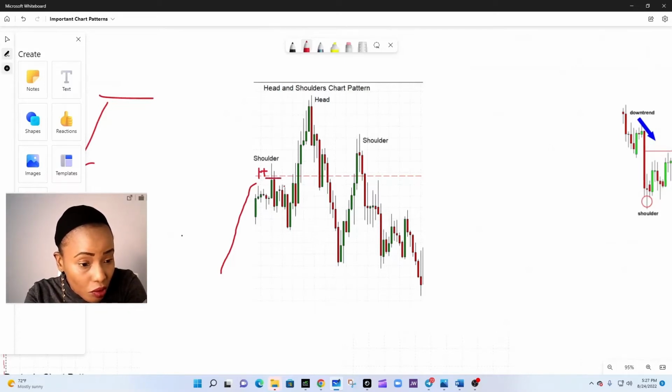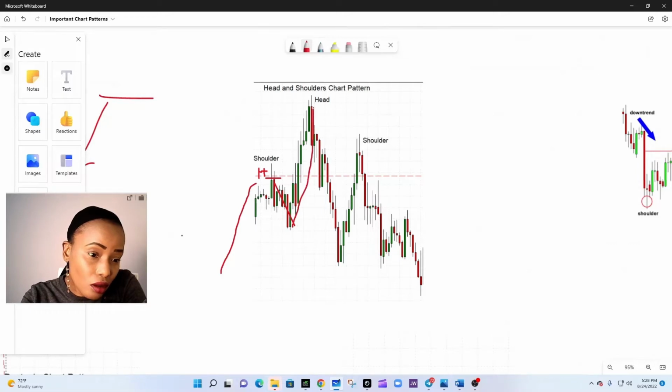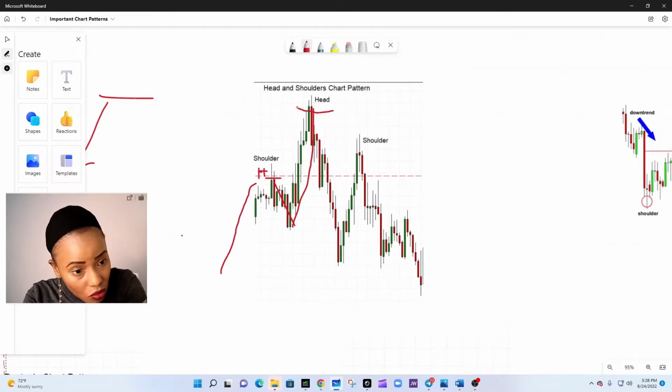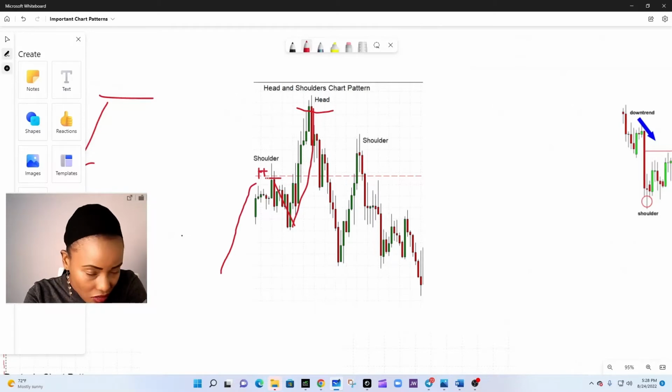We are calling it a peak because this is the highest price point at this point in time. Then what happened? Price pulled back, price correction happened, and then another impulsive move came and formed another peak here, which is higher than this first peak here. So the second peak, we call it the head because it took out the first peak.